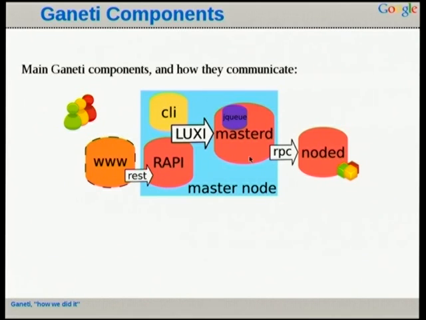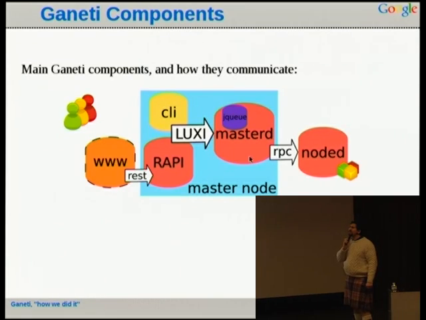So Luxi is, as I said, the way in which we give commands to the master daemon, and in which we control the job queue, which is a vital part of the master daemon, which manages these jobs, which are the operations, as we said, that Ganeti uses. And then finally, the master talks to all the nodes through this RPC. The RPC is also JSON over HTTP, I think.